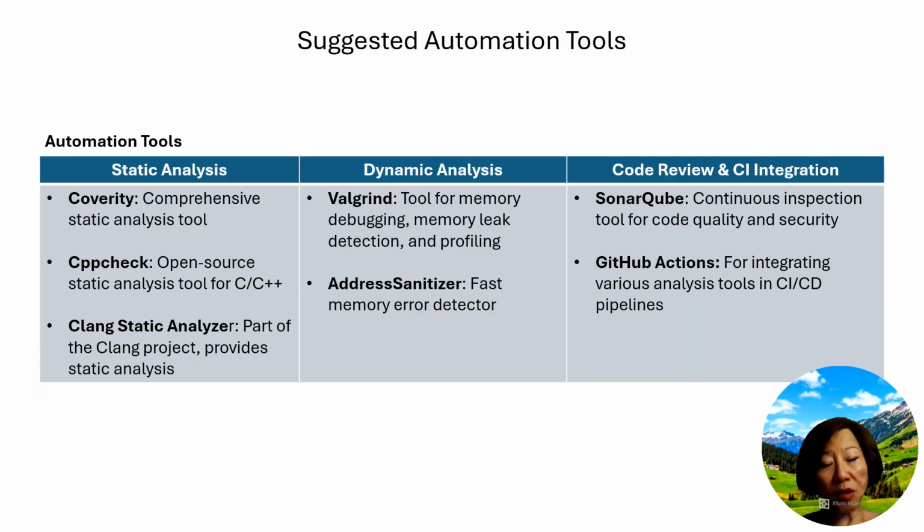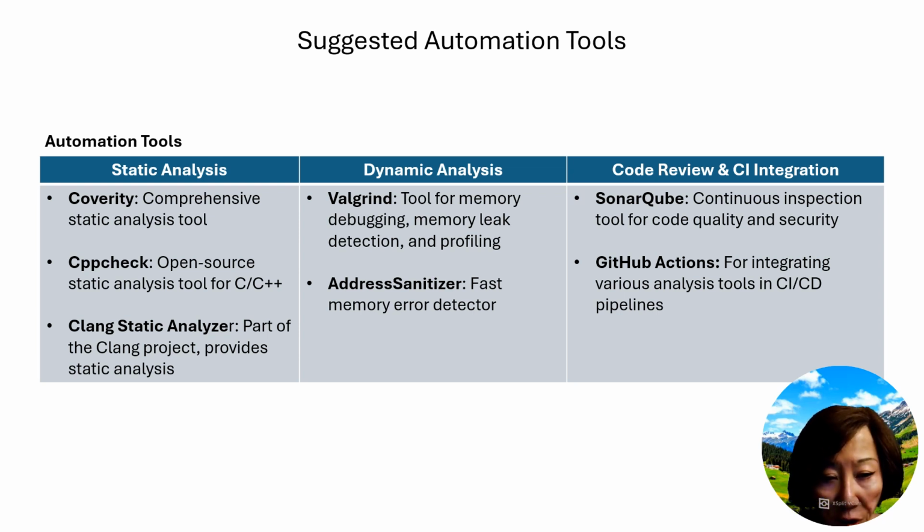All right, we are nearing the end. Before we end this segment, I would like to point out that for automation tools, there are 3 different kinds. The static analysis tools are really focused on when you are doing compilation, when you're linking things before you actually deploy the code.